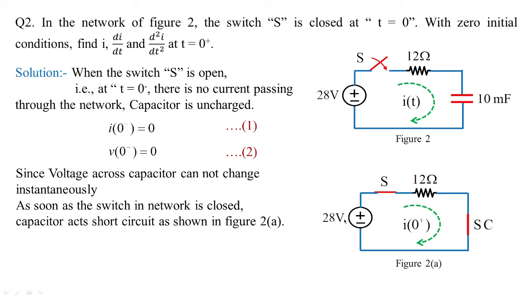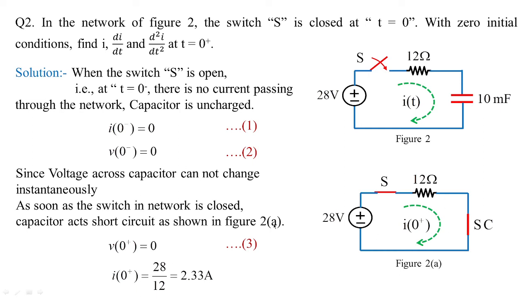Now you can see 28 volts is supplying 12 ohms through current I of 0 plus. Therefore I of 0 plus will be equal to 28 divided by 12 because the circuit is closed. Naturally 28 by 12 gives the value 2.33 amperes. The voltage across the capacitor cannot change instantaneously, and the voltage across a short circuit is equal to 0.